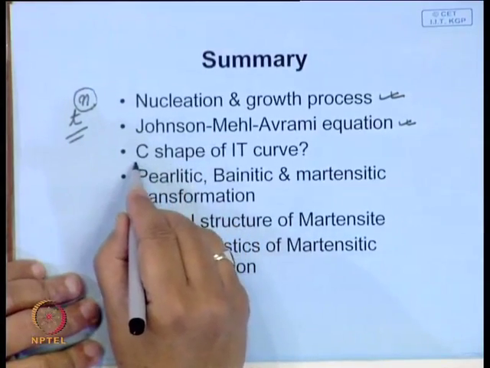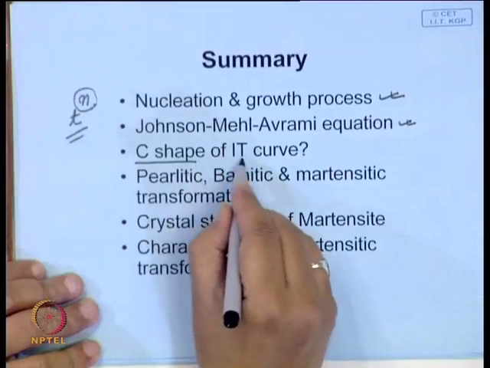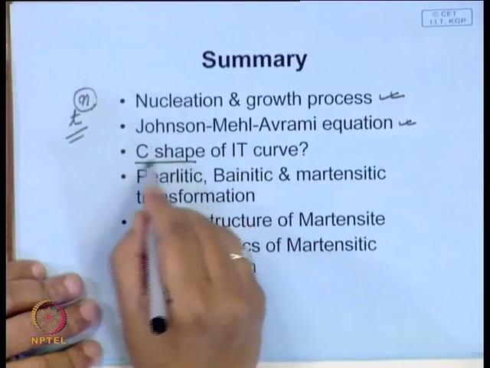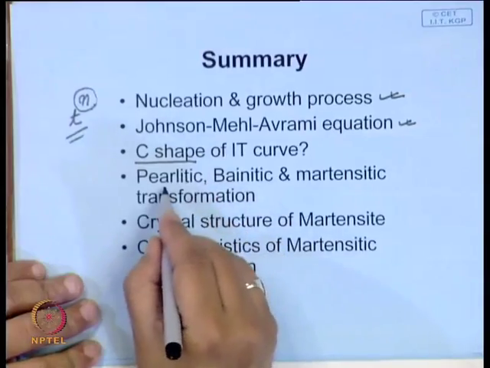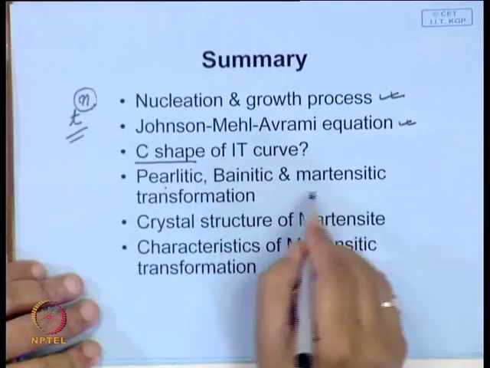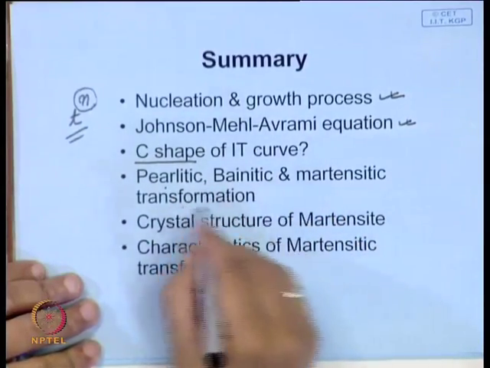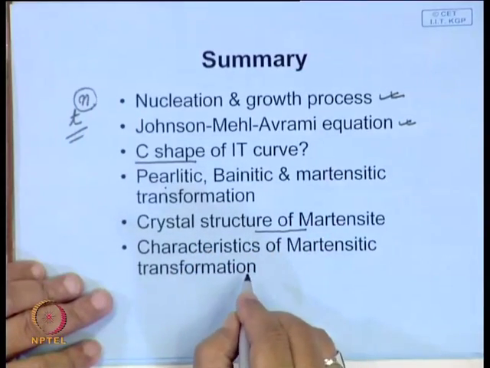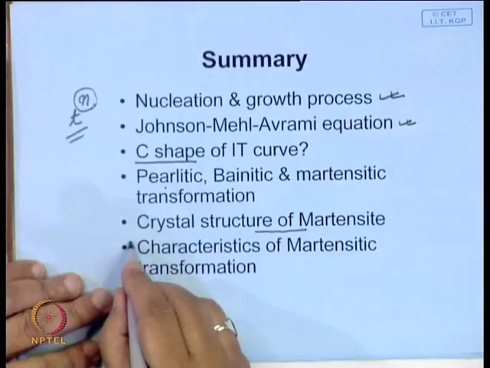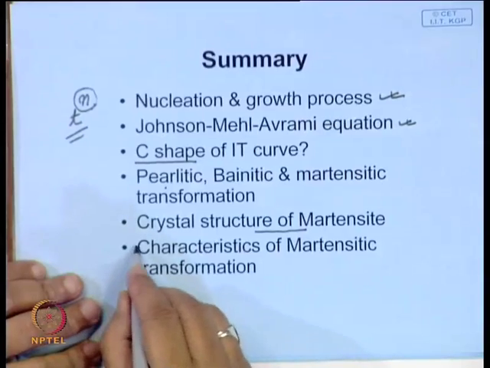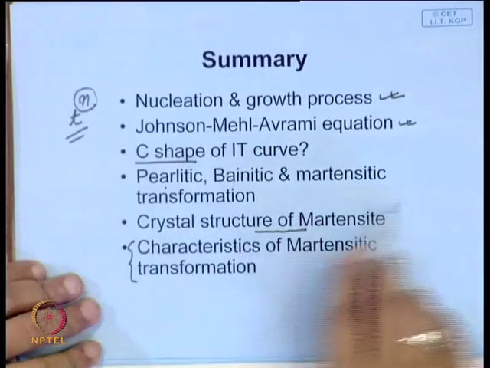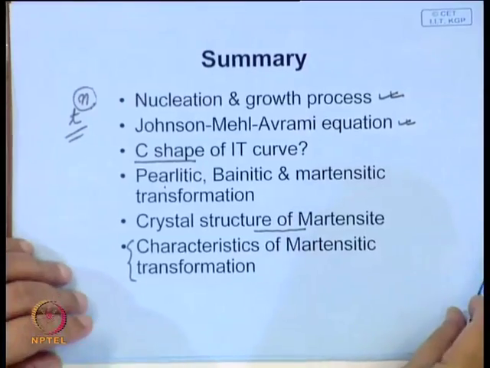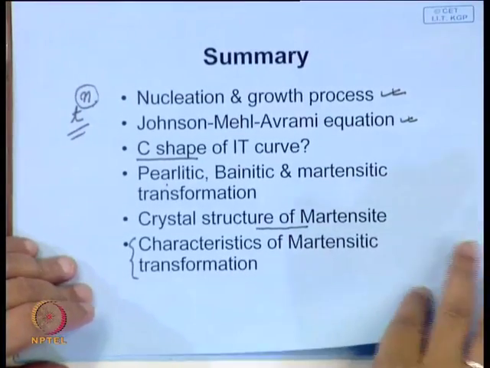We learnt about why the isothermal transformation curve has a C shape. We talked about Pearlitic, Bainitic and Martensitic transformation in a little detail. We talked about the crystal structure of martensite, and we also talked about some of the characteristics of martensitic transformation, and maybe next class we will talk a little bit about martensite morphology and go beyond that.